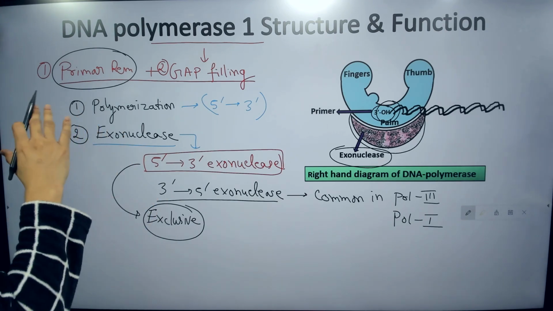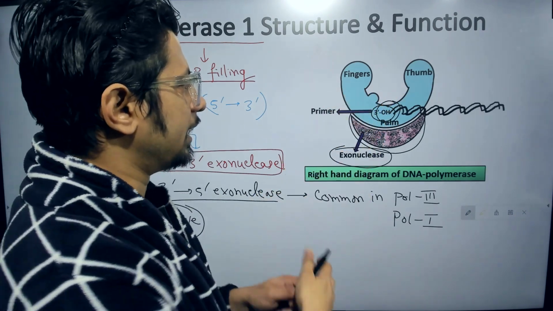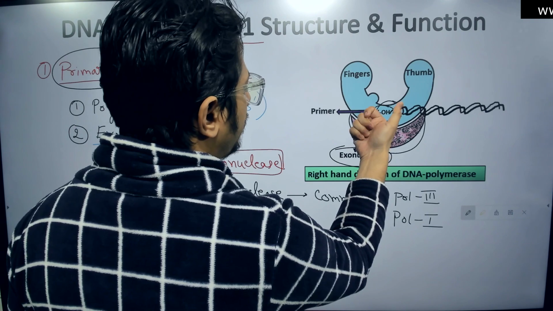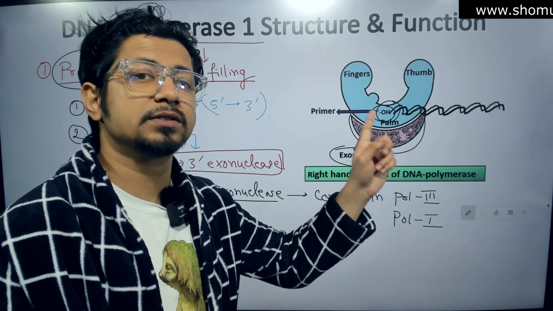Got it? So this is the overall idea of DNA polymerase. It looks like this: thumb, finger, palm. Palm is the region of the catalytic function. Palm is the region where exonuclease processes will be done.